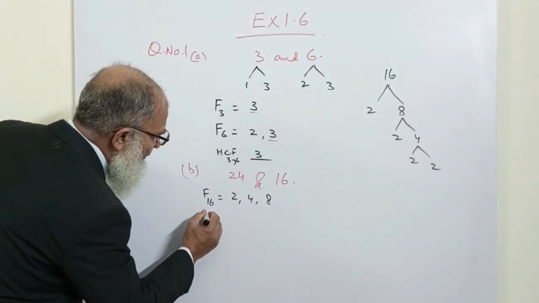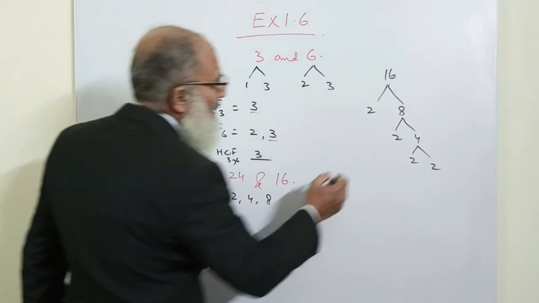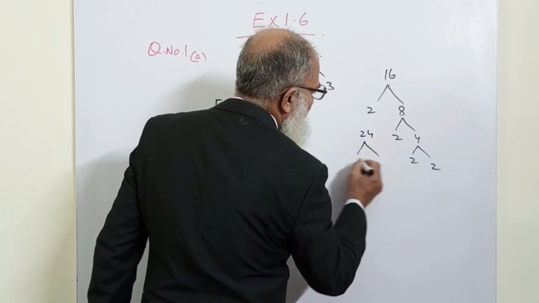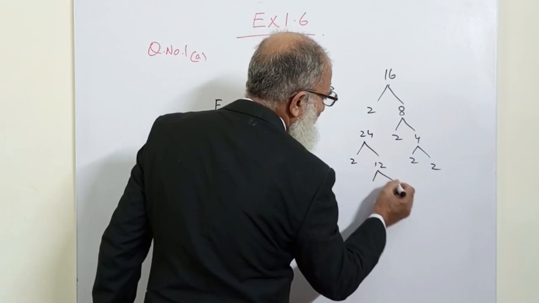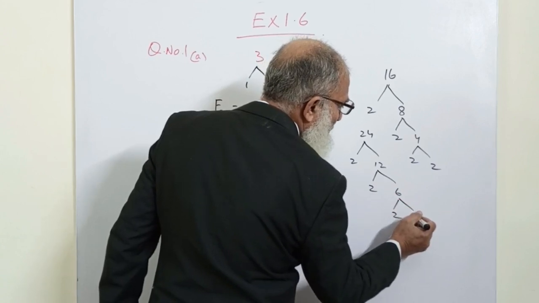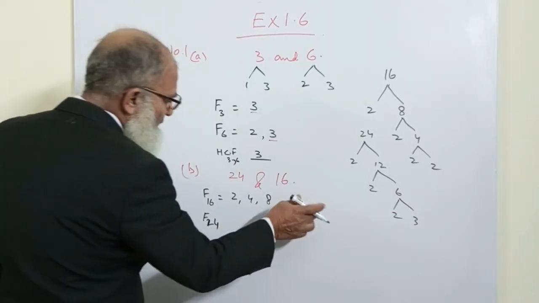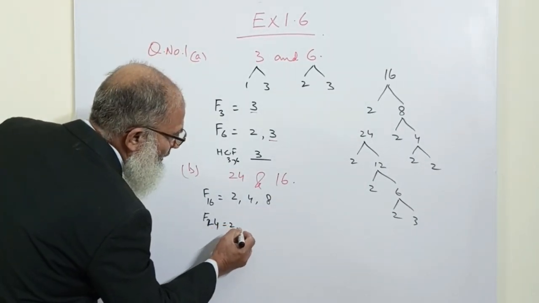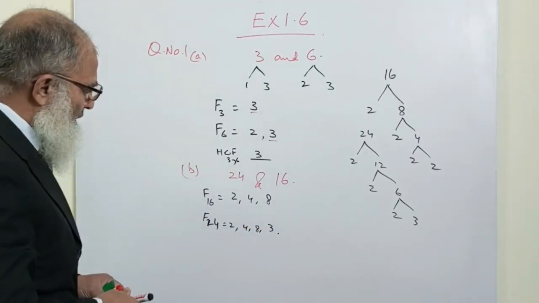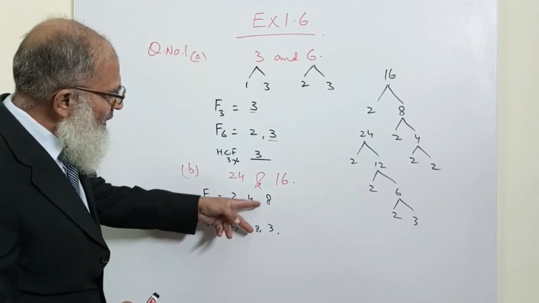And F16, F24, 24, so there is a factor 2, there is a factor 4, there is a factor 8, and there is a factor 3. The highest common factor is 8.